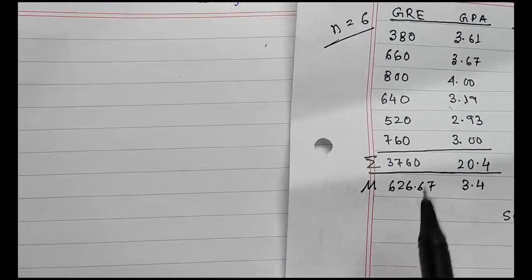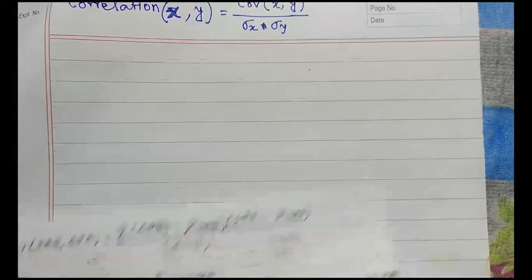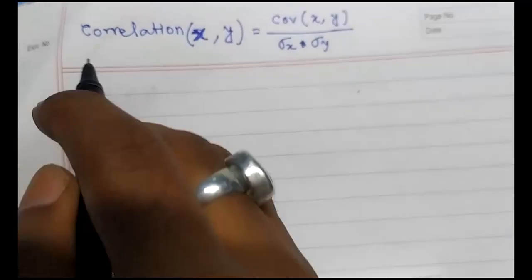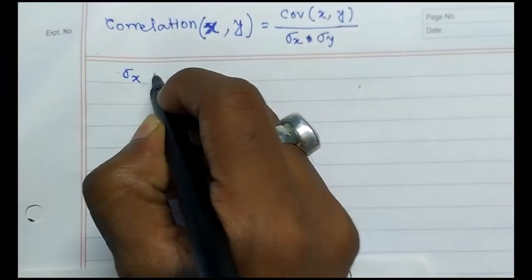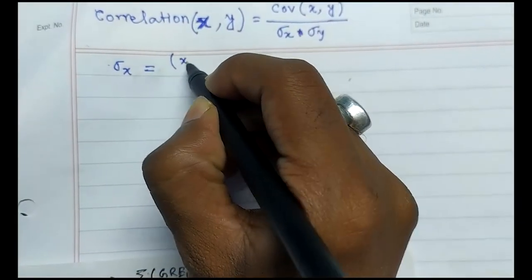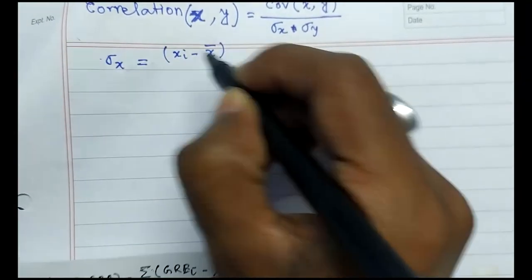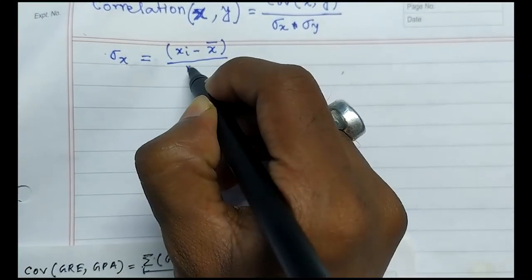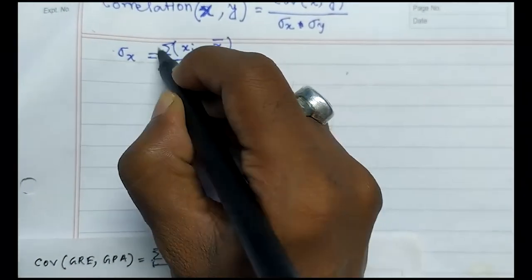If you find the standard deviation of these two variables using the formula, sigma x is equal to the square root of the summation of (xi minus x bar, or mu x) squared, divided by n.